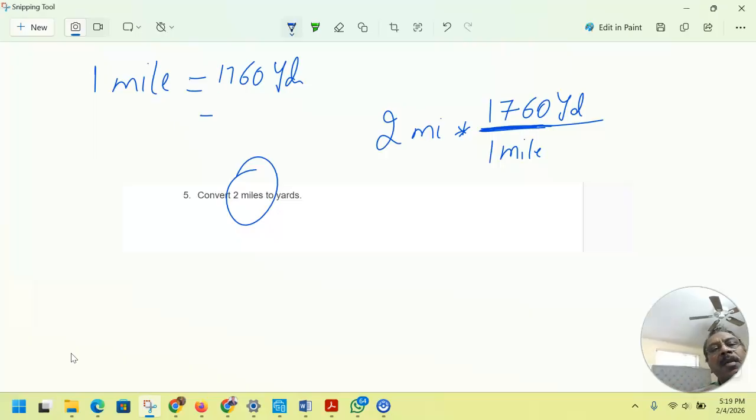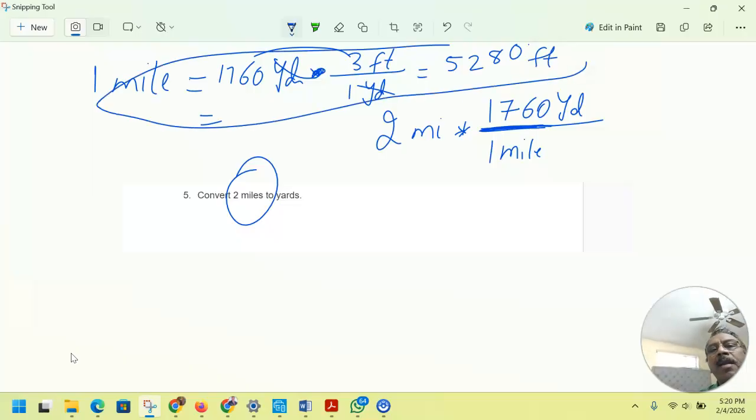And you can see, if I want to convert this into feet, one yard is 3 feet. So if you multiply this, you really get 5,280 feet. So that way you can do this directly.